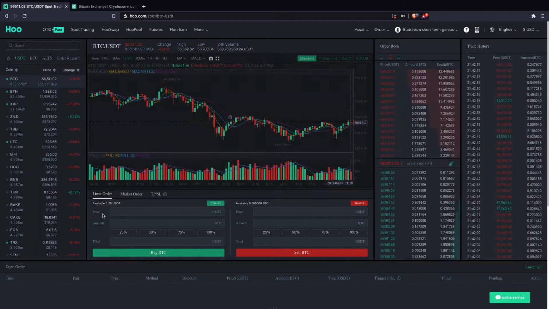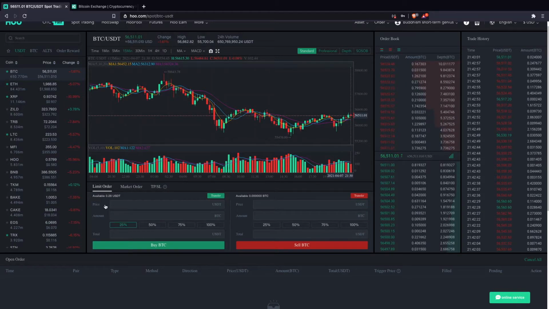And I'm going to be able to either buy Bitcoin with my USD Tether, or sell Bitcoin and buy USD Tether, right? So that's what that means. It means that you have one of the two assets in the pair and you want the other one. Okay, that's ultimately what that means.